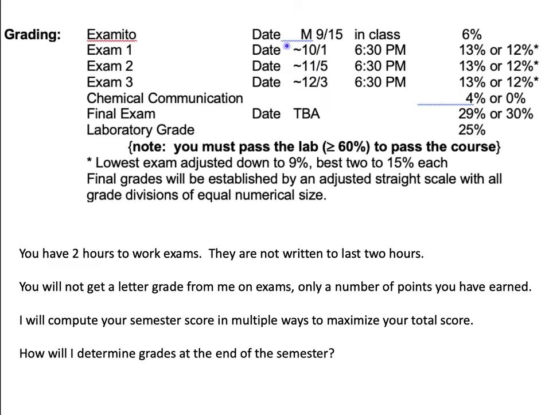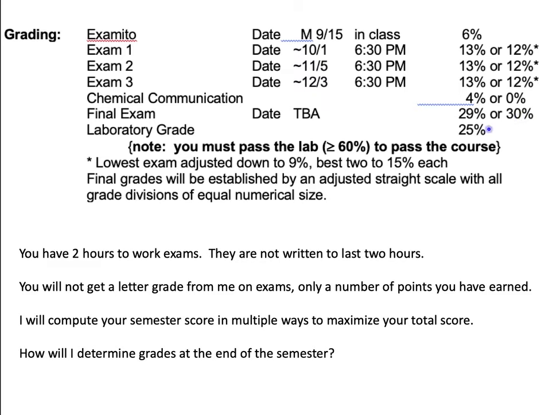We'll have 3 exams. These are on approximate exam dates. I sometimes call these target dates. Each of the exams will nominally be worth 130 points out of 1,000, or 13% of the course. And the final exam will nominally be worth 300 points in the course. And so if you add those up, that ends up being 1,000 points.